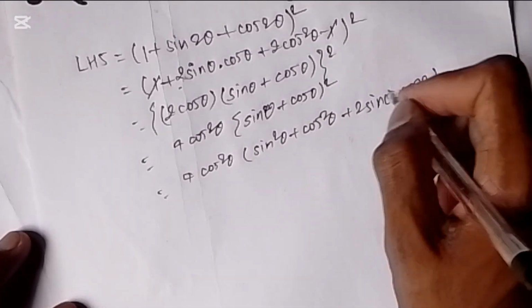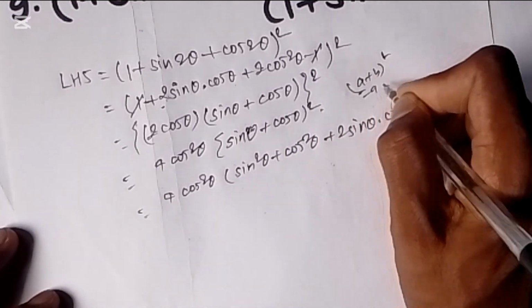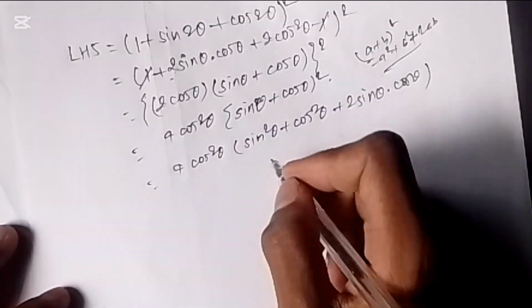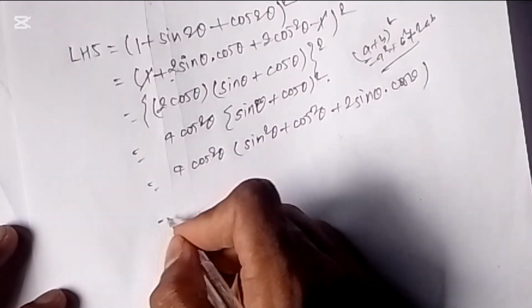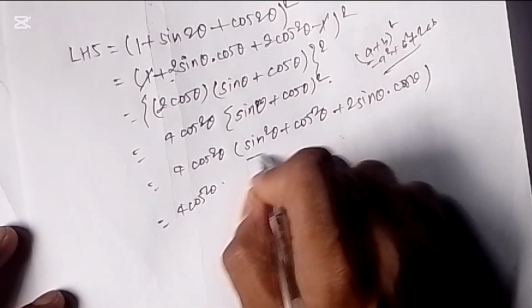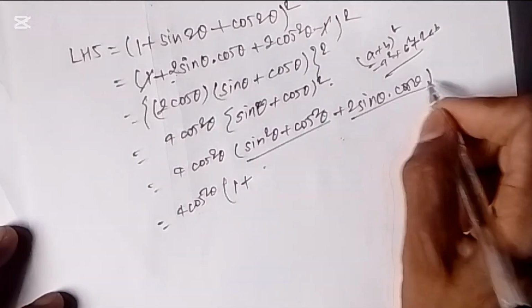We are using here the formula of (a + b) whole squared, which is a² + b² + 2ab, as you already know. Here sin²θ + cos²θ is 1, so 1 plus 2 sin θ cos θ.